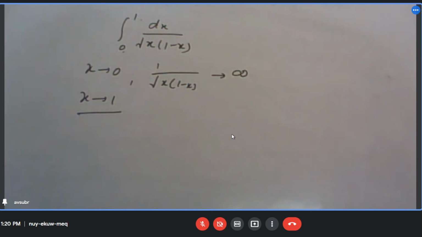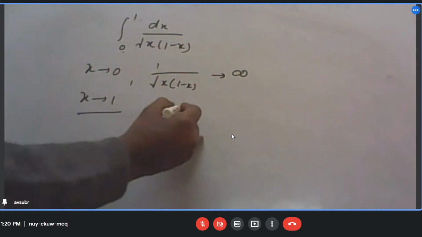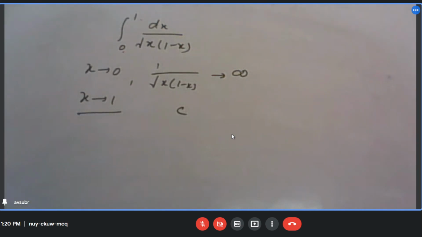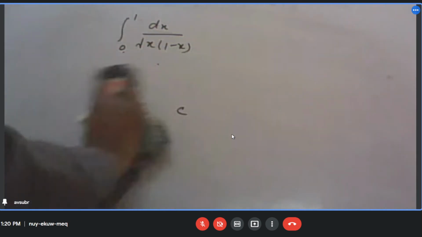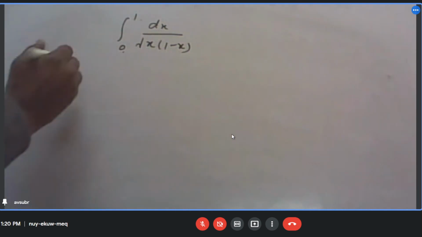All right, so we are going to solve this problem. Let us choose an arbitrary point C. That C could be any number. So I can write it like this.